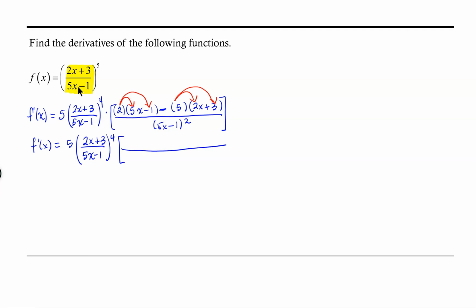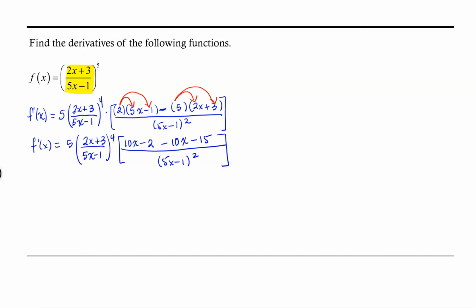Our numerator is 10x minus 2, negative 5, so minus 10x, minus 15, all over (5x minus 1) squared.